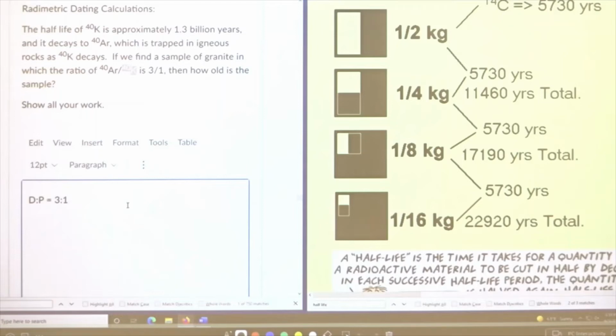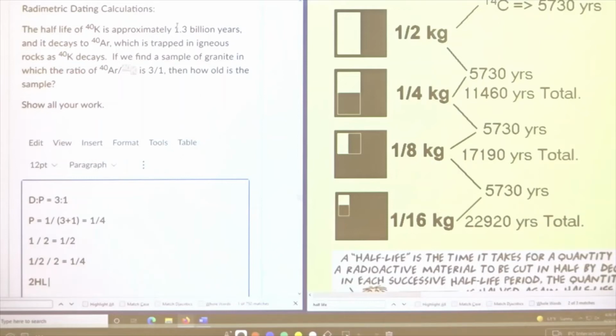That tells us that the parent is 1 over 3 plus 1, or 1/4. And since we know that 1 divided by 2 equals 1/2, and then 1/2 divided by 2 equals 1/4, 2 half-lives have gone by.